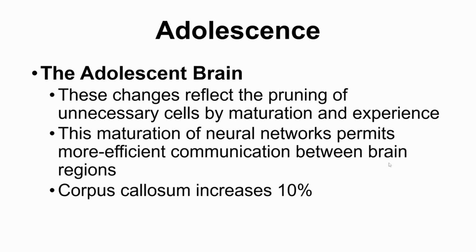And so, like I said before, a lot of this process as we're getting older is getting more specific. That pruning of unnecessary cells is coming about because our experiences lead to certain connections being strengthened and adding new connections where we don't have any, but also getting rid of redundant connections, things that we don't need, things that are duplicates.